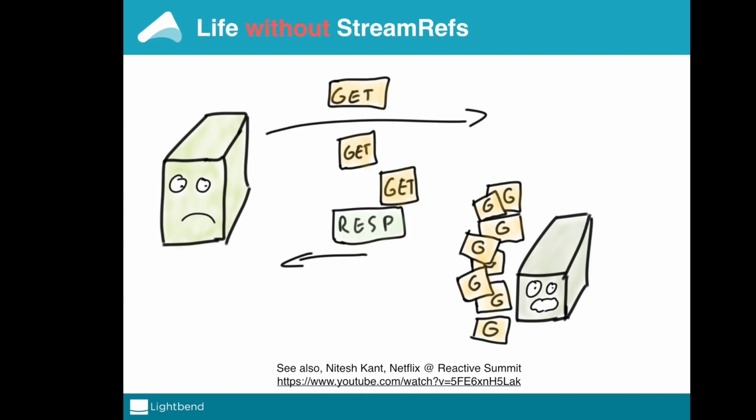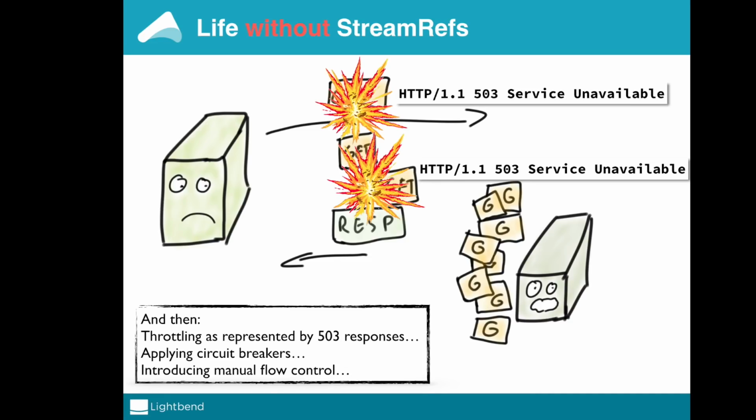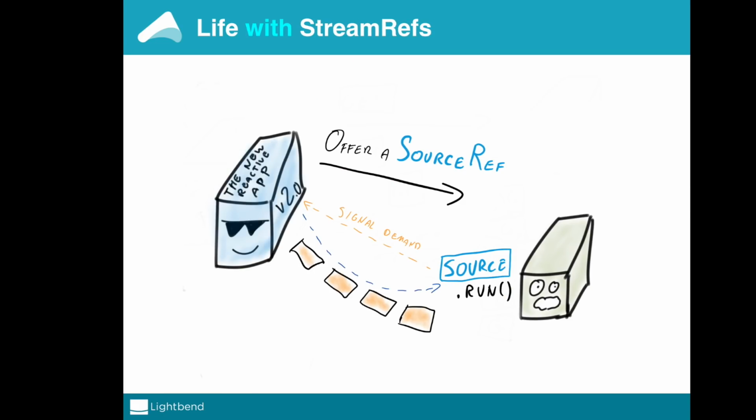It can't handle these things and it will eventually start either blowing up on these requests or just backpressuring in some way it can do. If this was HTTP calls, usually it would be 503 responses. If we then want to deal with this somehow, we need to slap circuit breakers around the requesting, implement some throttling logic, etc, etc.